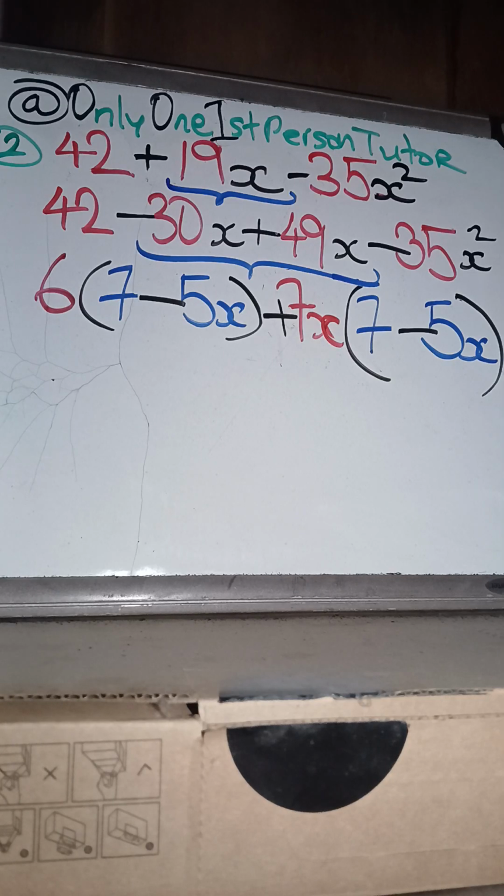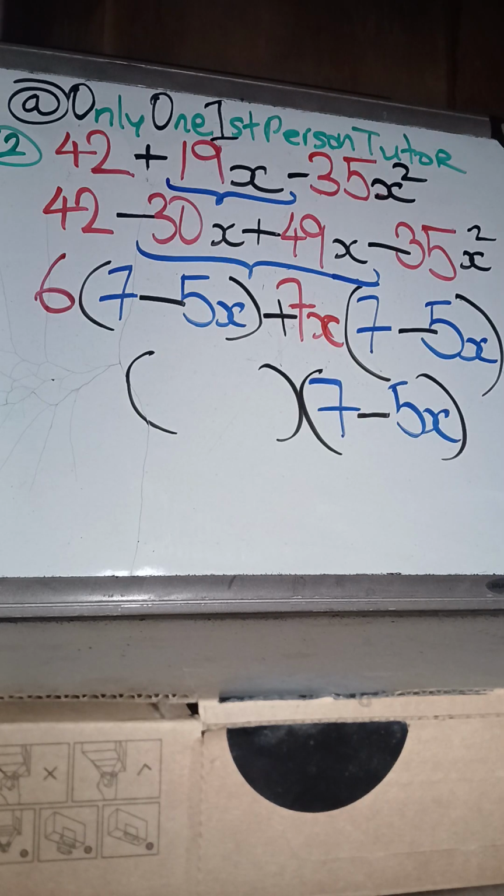Alright, ultimately we know what comes next: 2 pairs of brackets. And now, blue on the right, red on the left. Blue on the right, and red on the left.